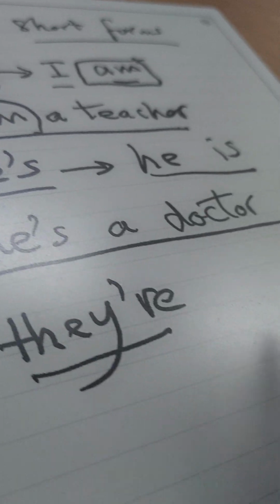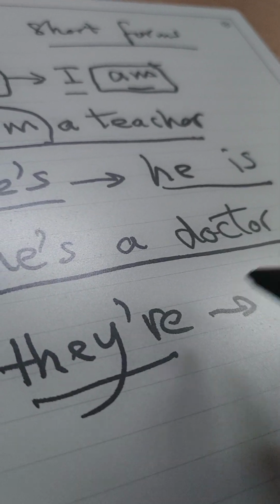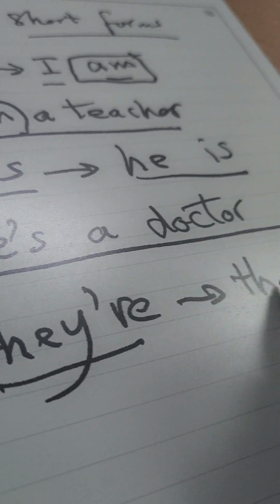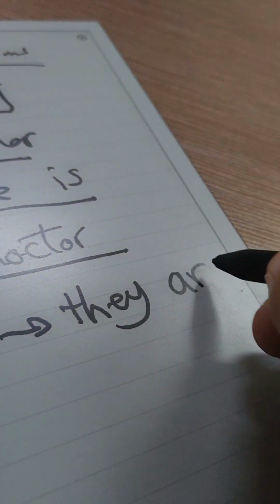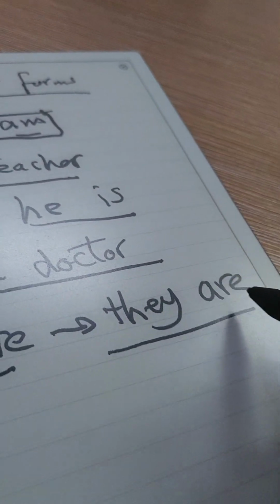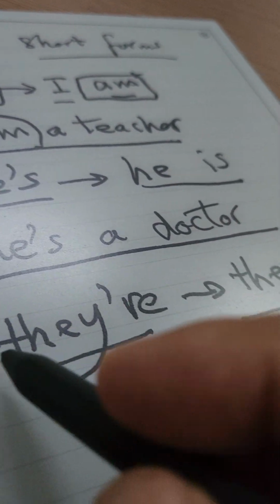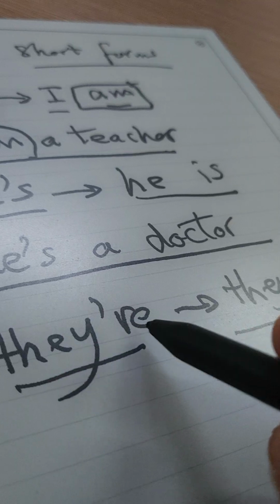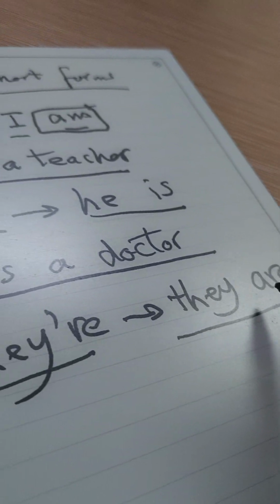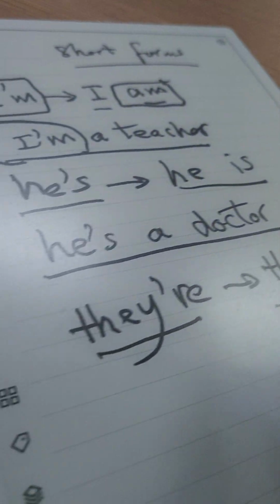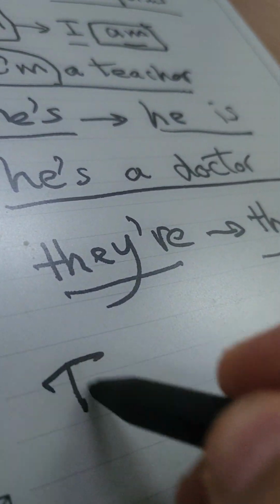What can I say for it? And you have to know this is a short form for they are. Is it they are? No. They're. But not they are. That's wrong. How can you say this one now?